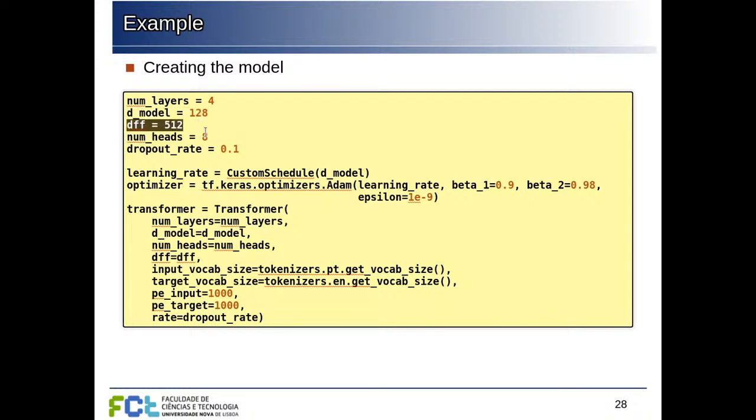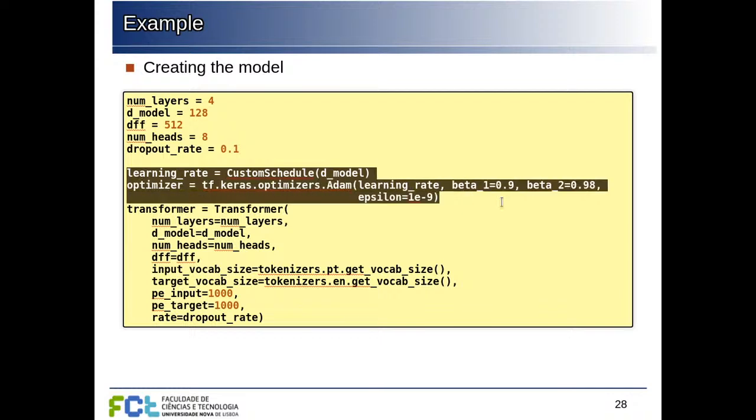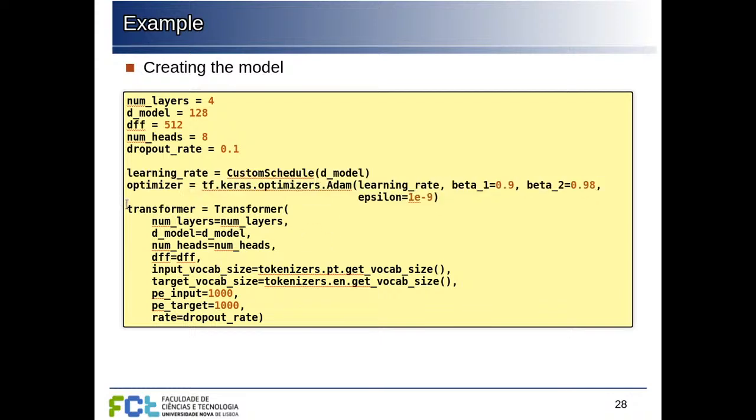This is the expansion we do in that stack of feed-forward layers. You remember the one that has first a dense layer with a rectified linear unit, and then a linear projection to the original depth. So we do expansion to 512 and then back to 128. This is the number of heads for the multi-head attention, the dropout rate, and now we create our custom scheduler, the optimizer, and we create the transformer.